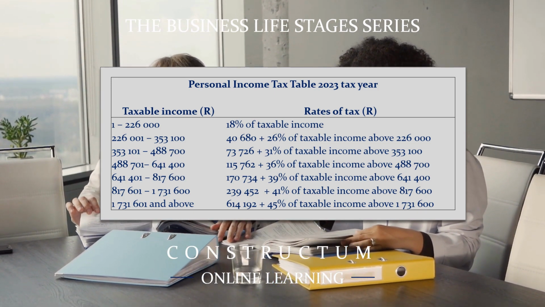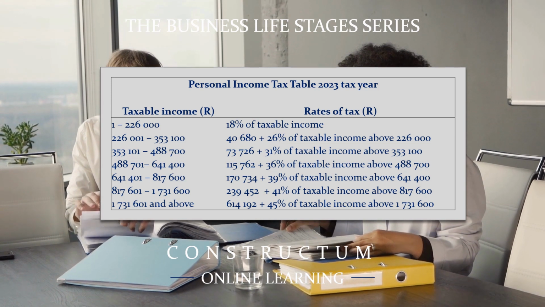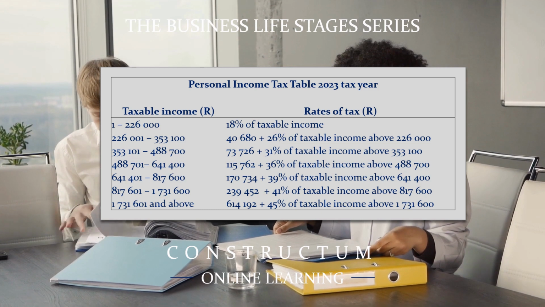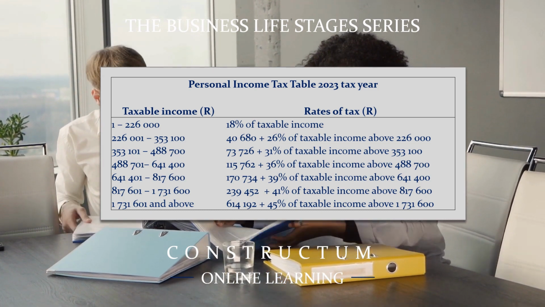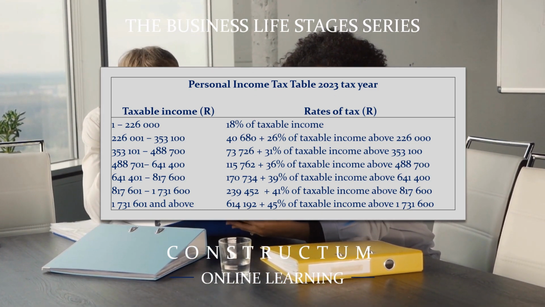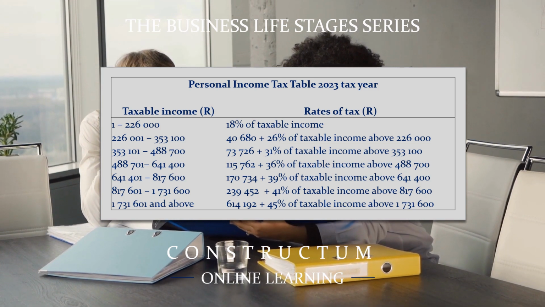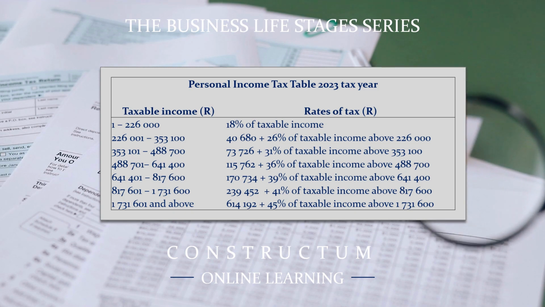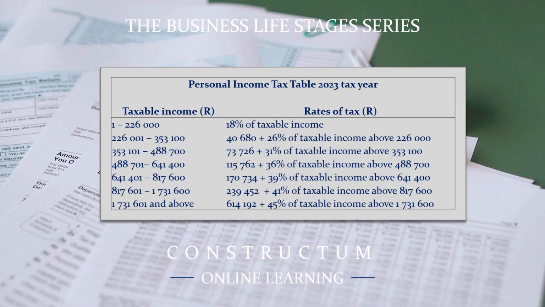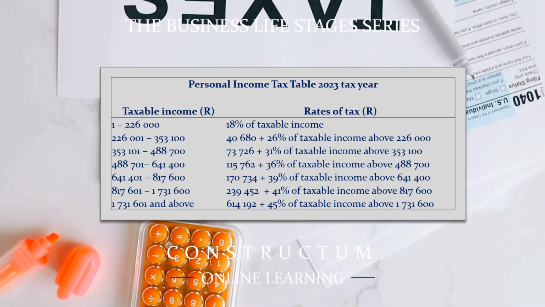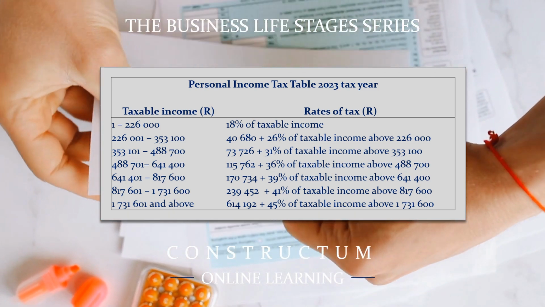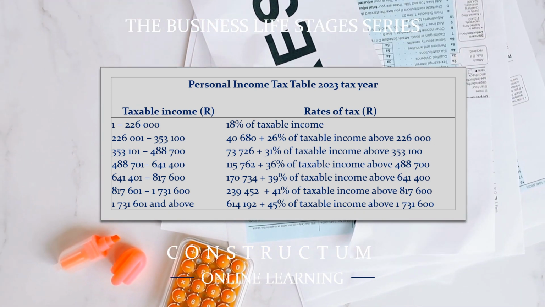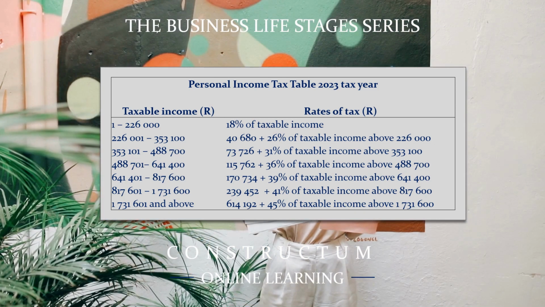But let's look at a person earning 300,000 Rand per annum or 25,000 Rand per month. 300,000 Rand is the second line, right? 226,001 to 353,100. This person will be liable for tax of 40,680 Rand plus 26% of the taxable income above 226,000. So a total tax liability of 59,920 or 20%.